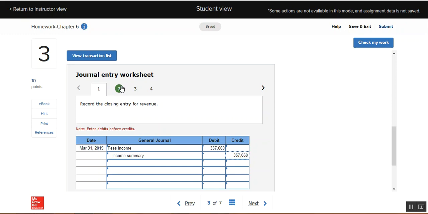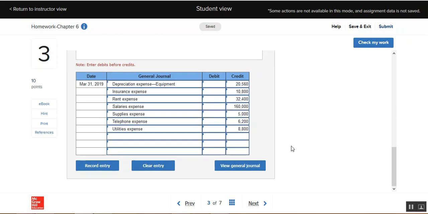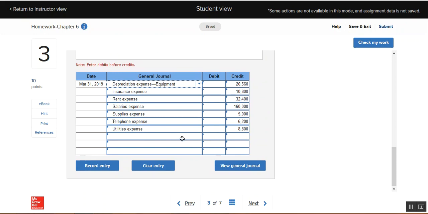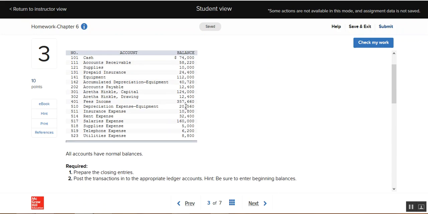In the next step of closing, we're going to do basically the same thing, except we're going to do our expenses. And I thought I was trying to be smart and start this ahead of time, but I think we have to move some. So basically, I took all the expenses from up here, took their balances.